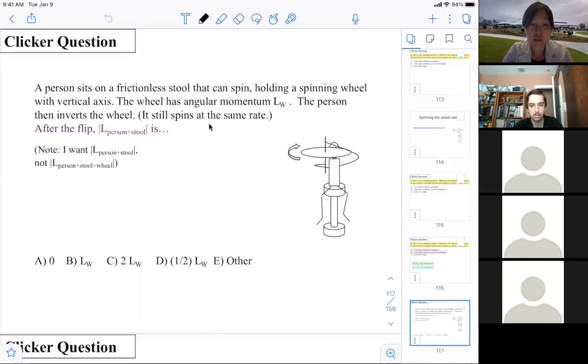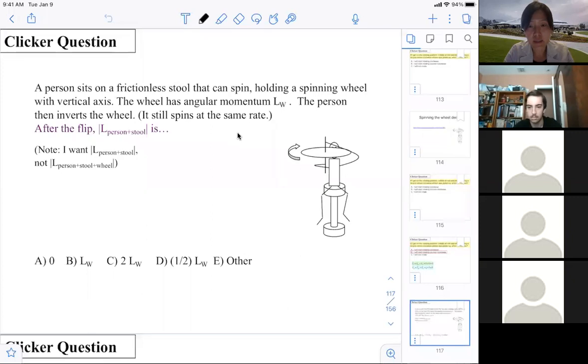So this is a similar question, but we want to be able to answer not just in which way the person will start spinning, but will we also be able to figure out the magnitude of the angular momentum of the person and the stool together. In this case, the person and the stool are one part, they're together. All right, so let's see if we can answer this question.